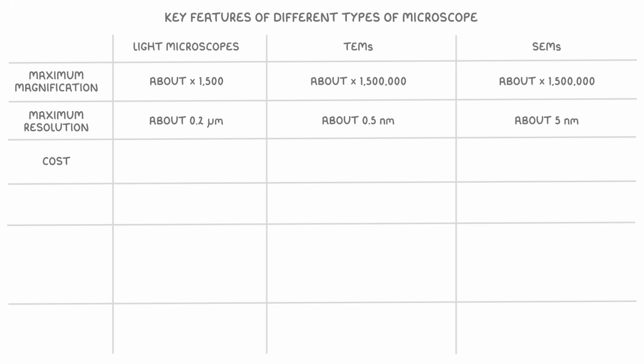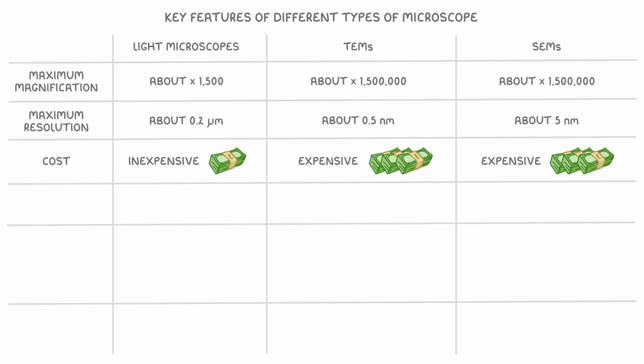Cost is another important factor to consider. Light microscopes are relatively inexpensive, making them accessible for most schools and labs, but both types of electron microscope are very expensive. Sample preparation is also quite different for each type. For light microscopes, it's fairly simple, but for electron microscopes, it's much more complex.